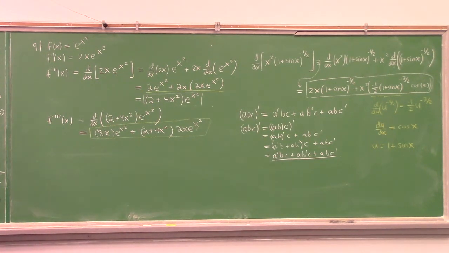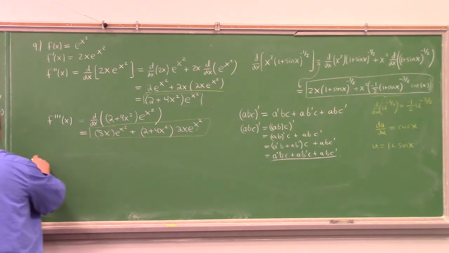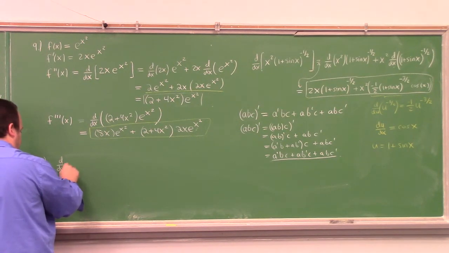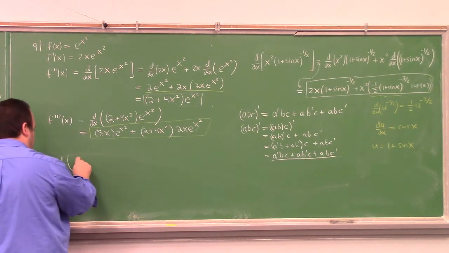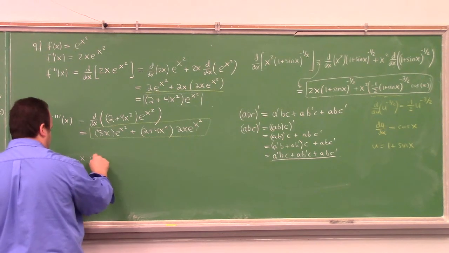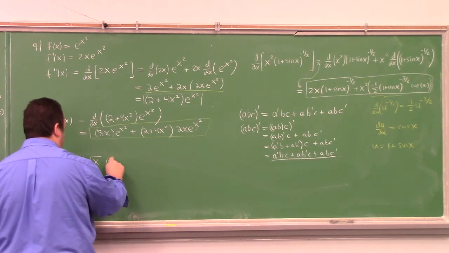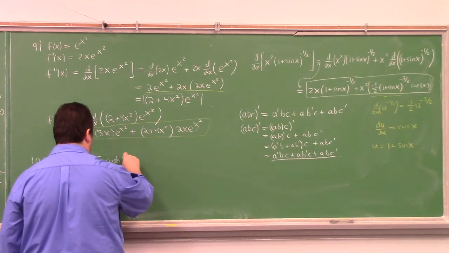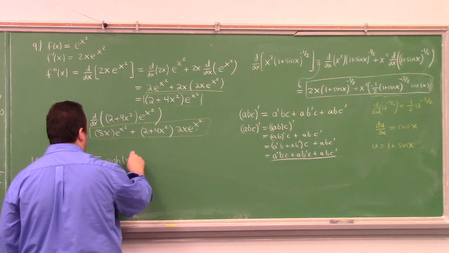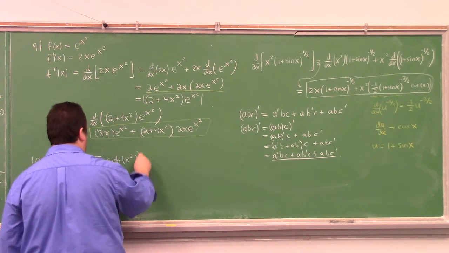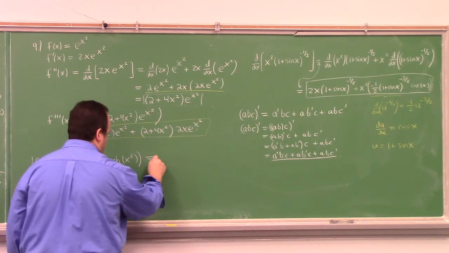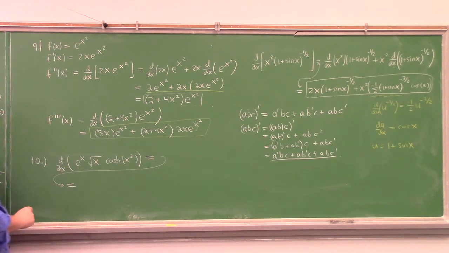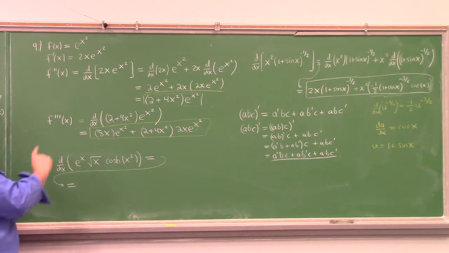All right, example 10. Suppose we're differentiating with respect to x: e to the x times the square root of x times the hyperbolic cosine of x cubed. I'll do x cubed; we've been doing too much x squared here. So we're going to use that triple product rule.